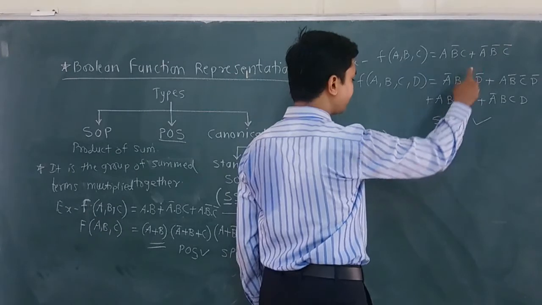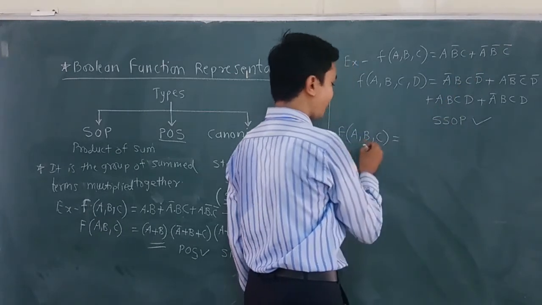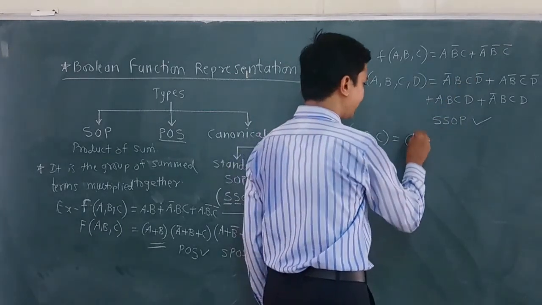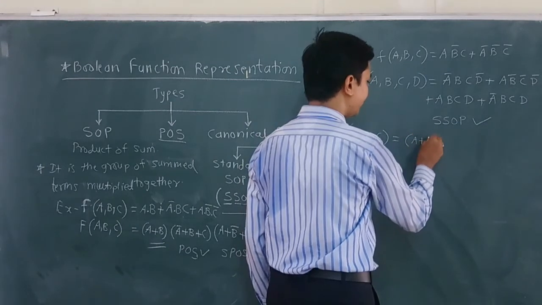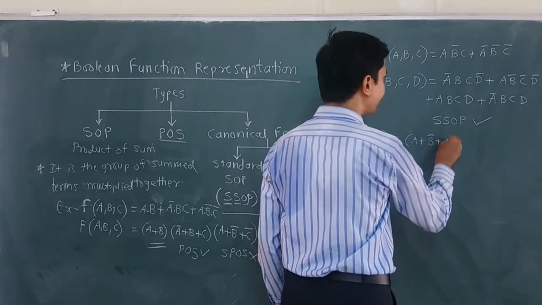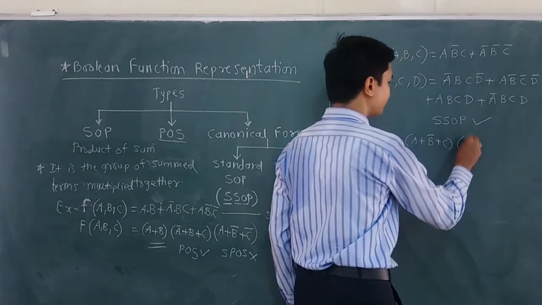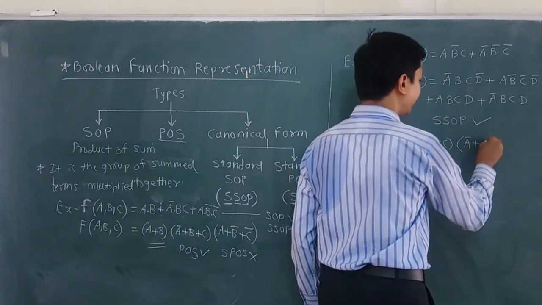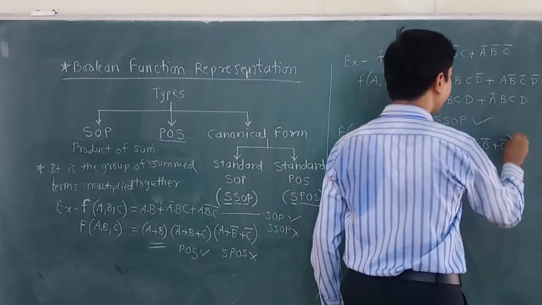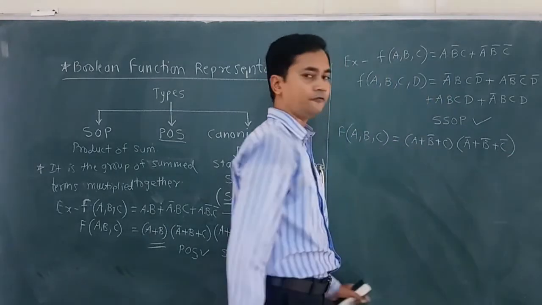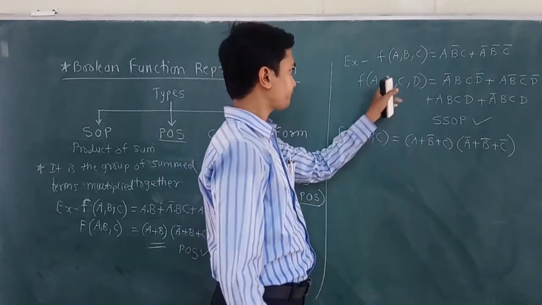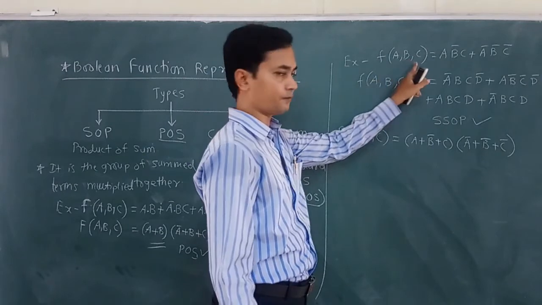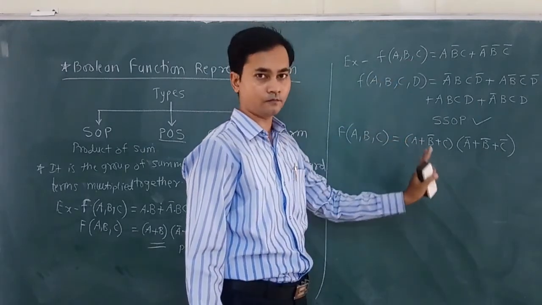This will be converted to standard POS form: A plus B bar plus C into A bar plus B bar plus C bar. So this way we can convert the given standard SOP to standard POS form.